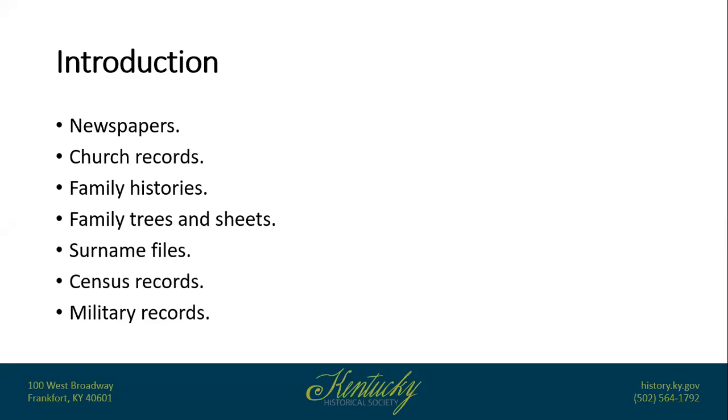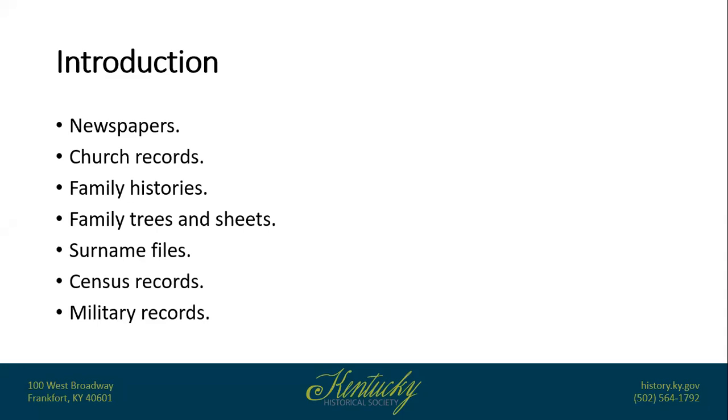Okay, and so some things I'm going to talk about today are things such as that you might find information in newspapers, church records, family histories. You might also look at family trees and family sheets that people put together. Here at KHS, we do have surname files that people can look at that'll have a lot of different kind of information.